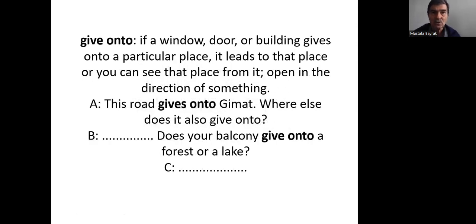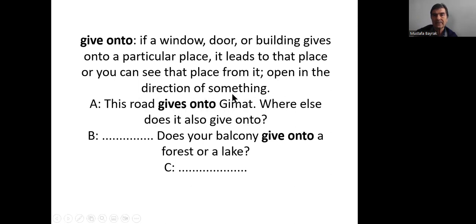Okay, give on to means if a window, door, or building gives on to a particular place, it leads to that place, or you can see that place from it. Open in the direction of something. Give on to. This road gives on to, means leads to. Yes. Leads to.